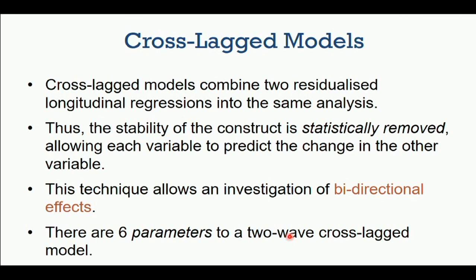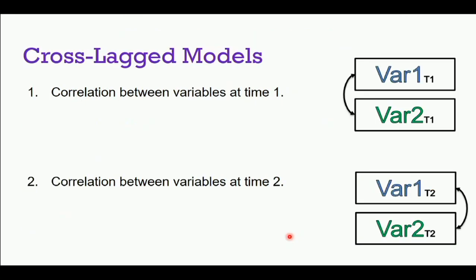Now, there are 6 parameters to a 2-wave cross-lagged model. Firstly, you have the correlations between the variable at time 1 and the other variable at time 1. Then you have the correlations between the variable at time 2 and the other variable at time 2.